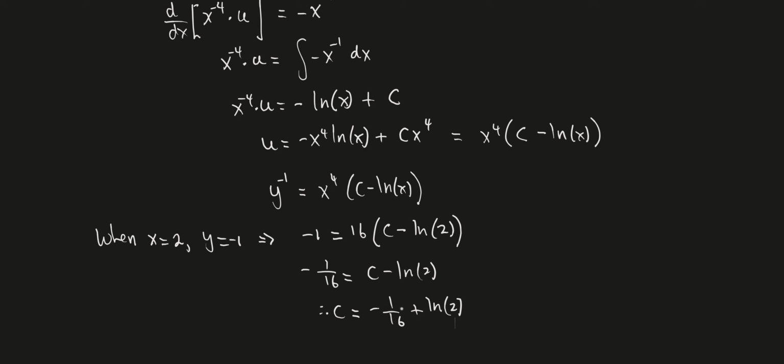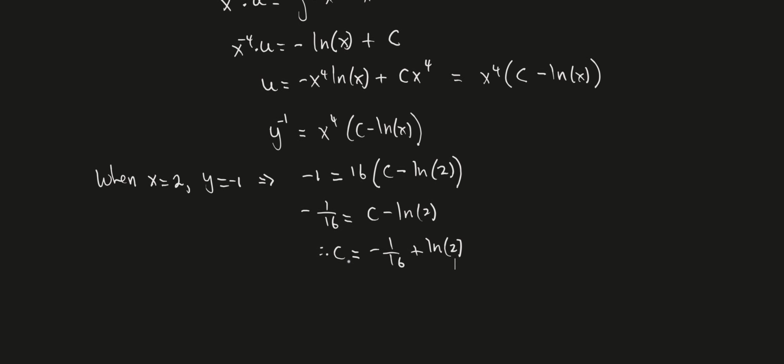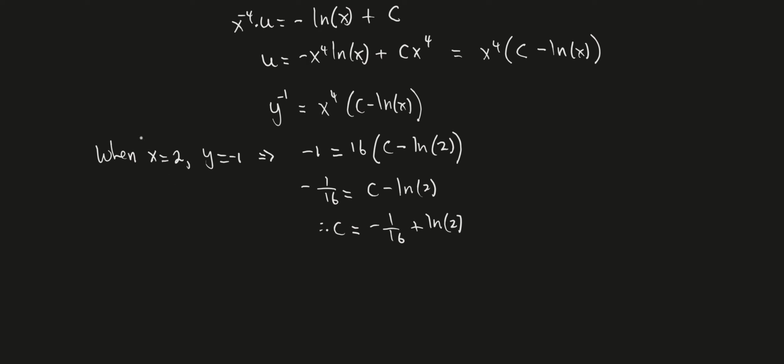All right, so what are we going to do? We're going to plug the c back in, because that's what we need to do. So let's do that. We have y to the -1 is equal to x to the fourth times the quantity.